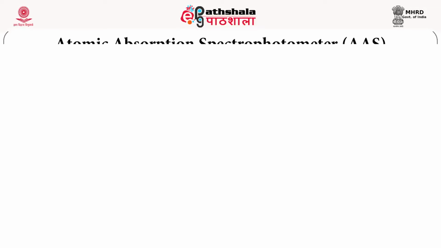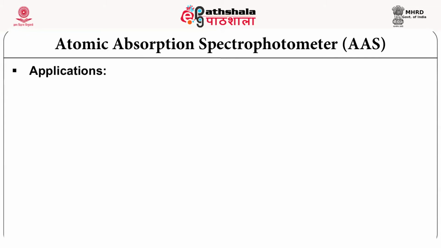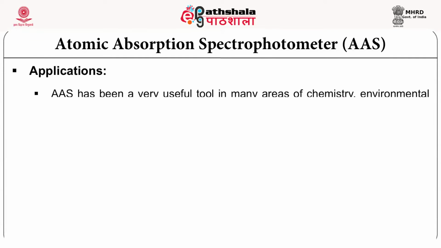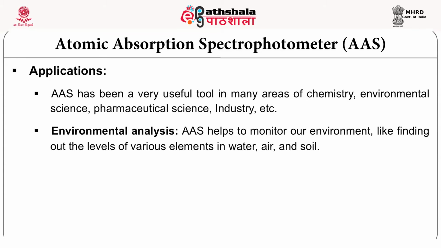Let us talk about some of the applications of AAS. AAS has been a very useful tool in many areas of chemistry, environmental science, pharmaceutical sciences, industry, etc. In environmental analysis, AAS helps to monitor our environment, like finding out the levels of various elements in water, air, soil, that is, the surroundings of our nature.